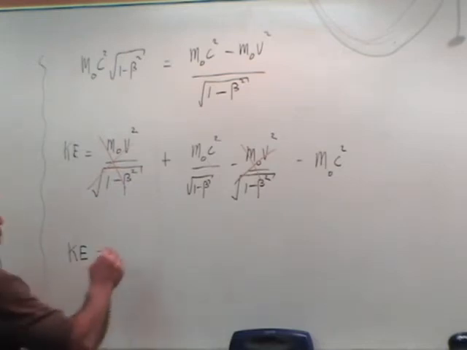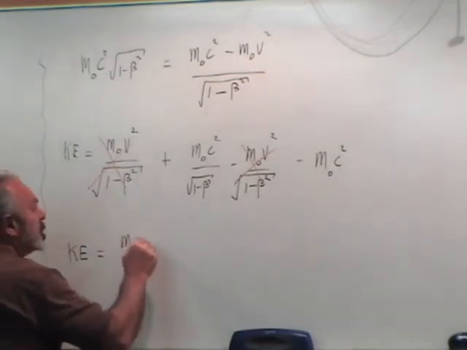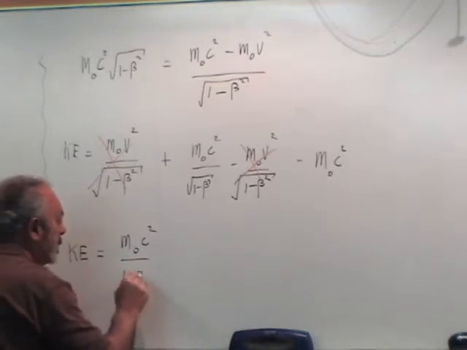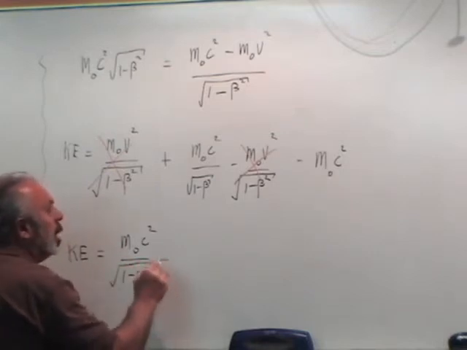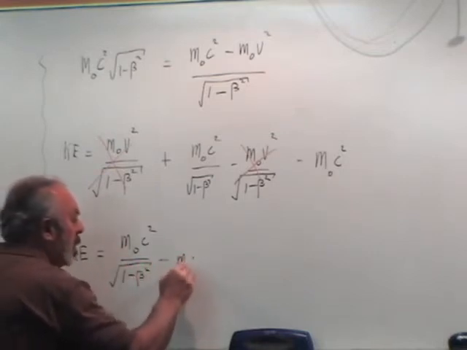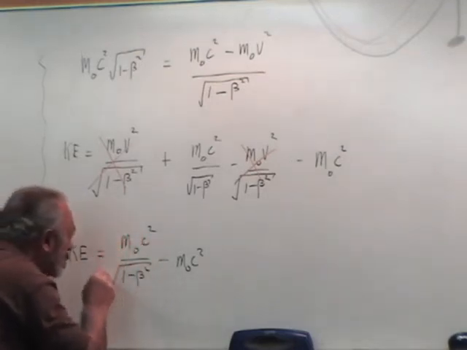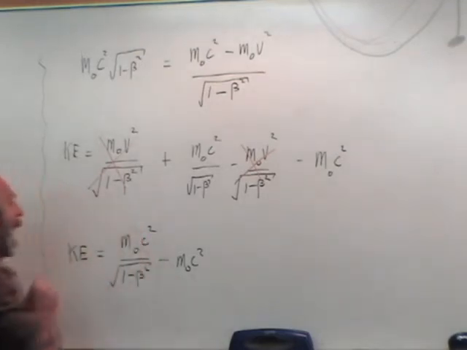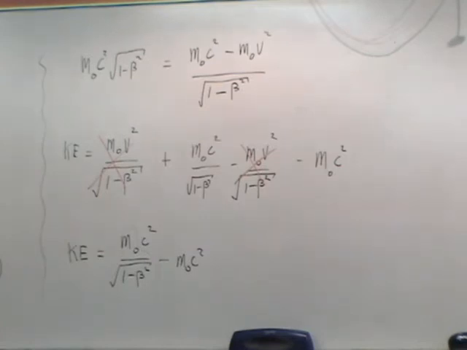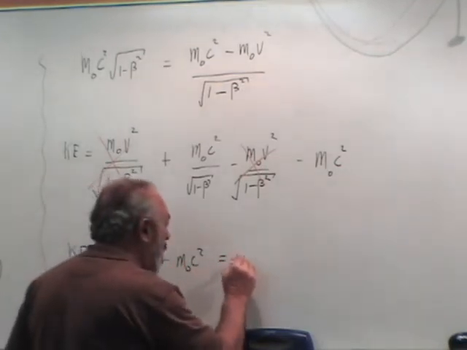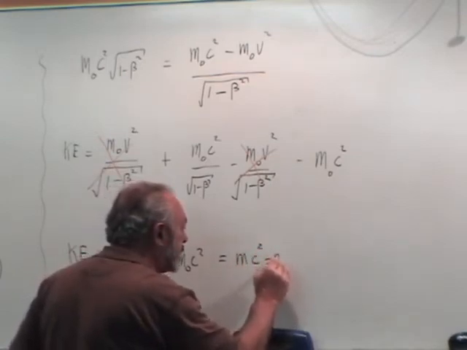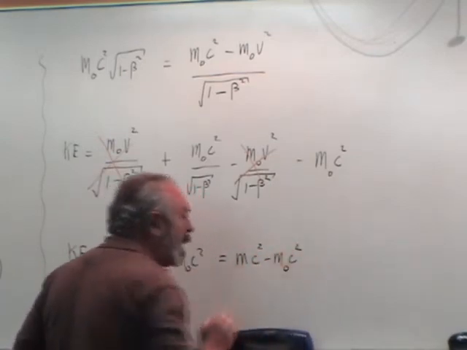The kinetic energy is equal to m naught c squared over the square root of 1 minus beta squared, minus m naught c squared. But of course, we recognize this creature right here, in blue, as simply m, not m naught, but m. So kinetic energy is equal to mc squared minus m naught c squared.